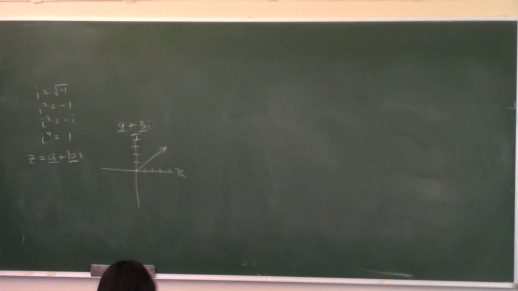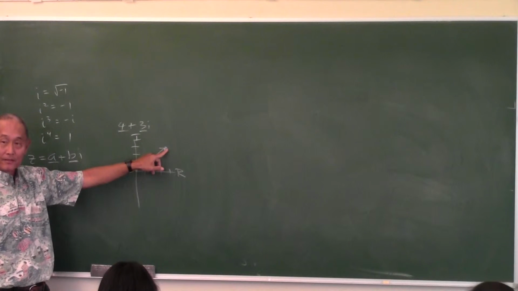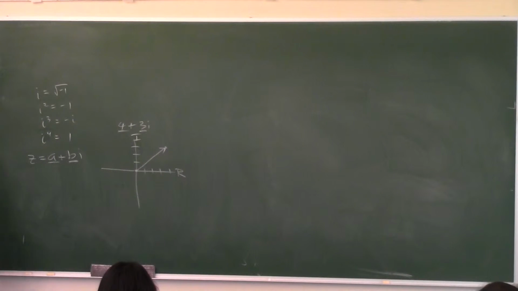Does the arrow go through the point? No, it starts at the origin and ends at the point. This is just the introductory thing. If you take engineering courses, you'll learn exactly how to use these things, but you have to learn the basics.